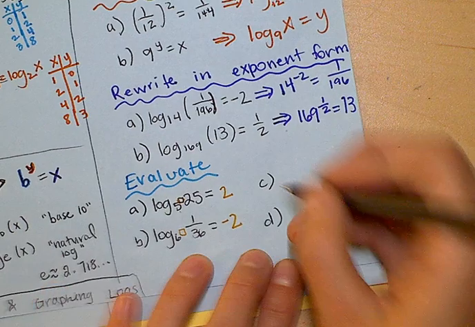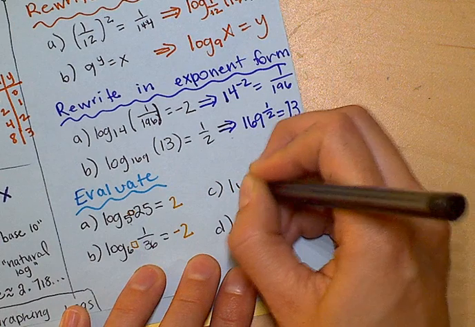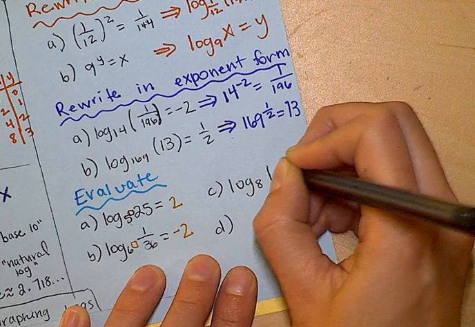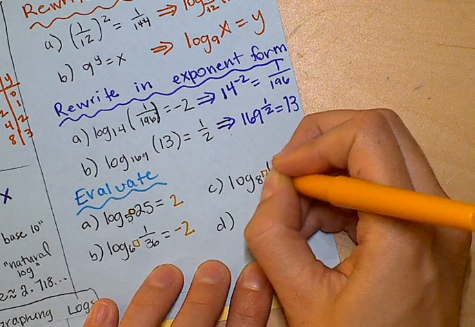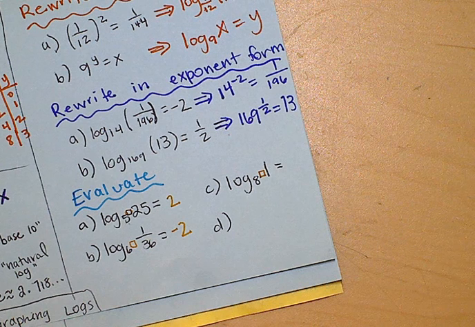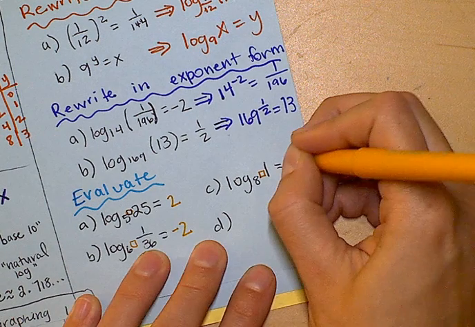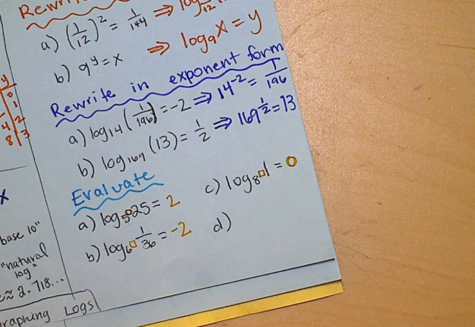One that you may have to think about, what exponent would I put on this 8 to equal 1? This one's a little tricky. The exponent would be 0, because anything raised to the 0 power is equal to 1.